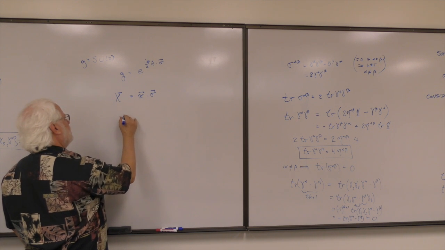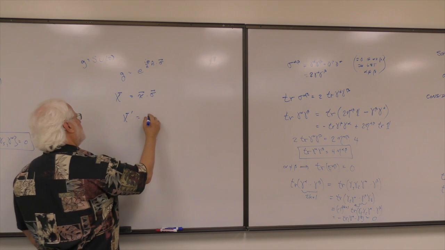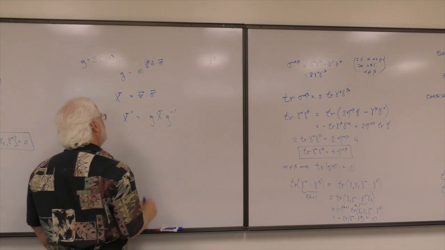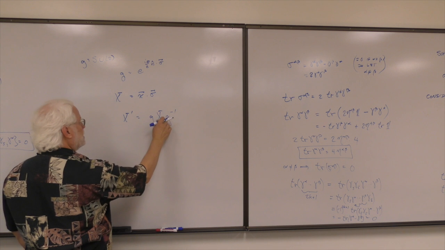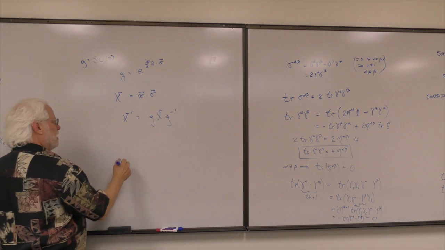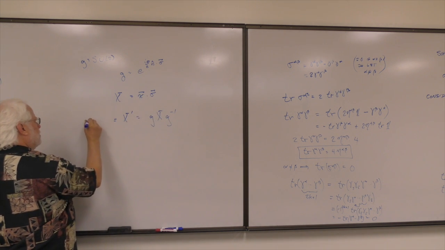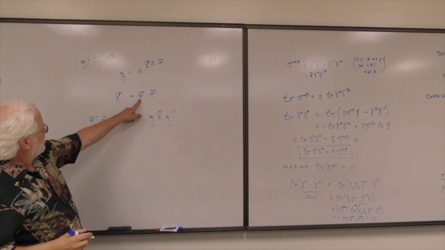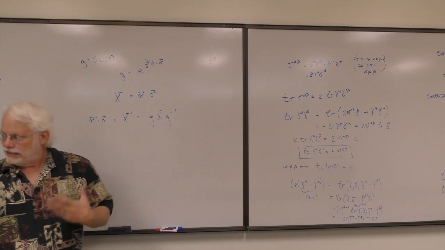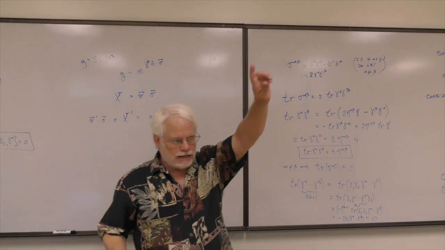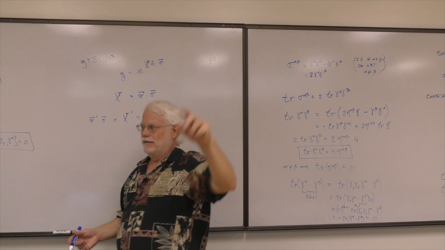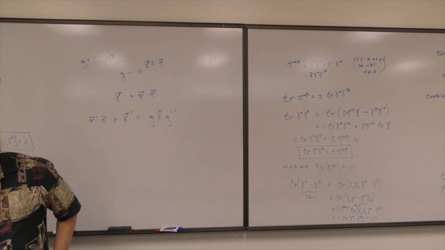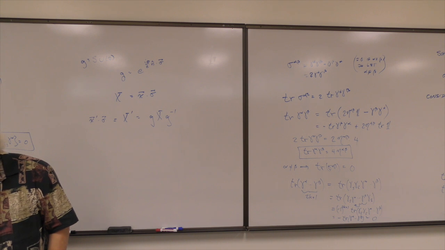So that X prime is G X G inverse, or G dagger. These are unitary. And then this is equal to some X prime dot the Pauli matrices. And the map from X to X prime that we get that way is a rotation by an angle phi around the direction n.